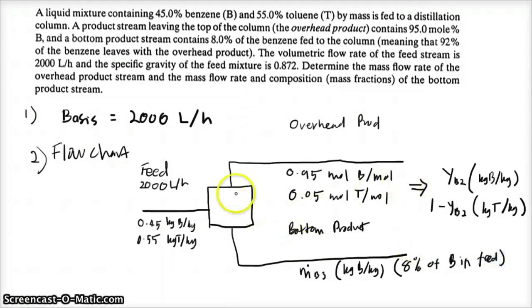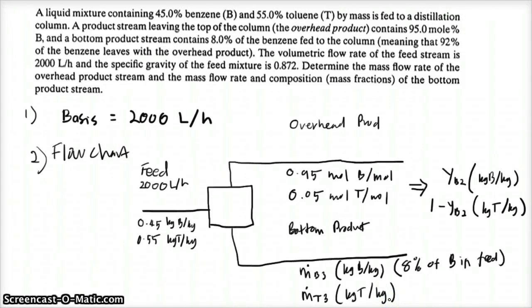So that means from the total here, 92% went to the overhead product, while the rest, the 8%, went to the bottom product. So you can also find the mass flow rate of toluene. So that's kg T per kg.